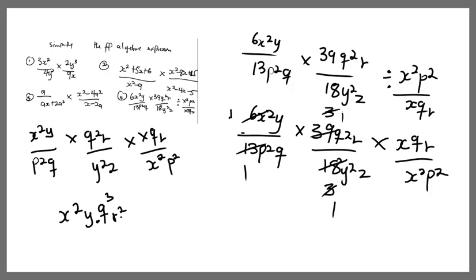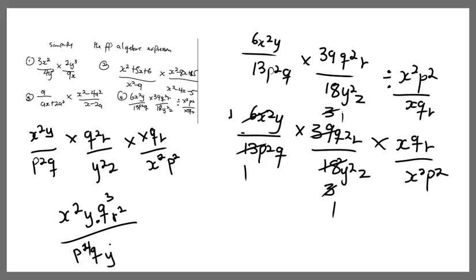r squared, all over, what do we have here? p squared q. Okay, so p raised to the power 4, because we have p, another p here, so that is one like term. q, there is no like term for q, there is no like term for y, there is no like term for z.